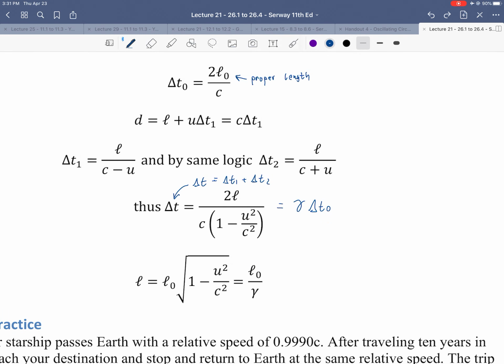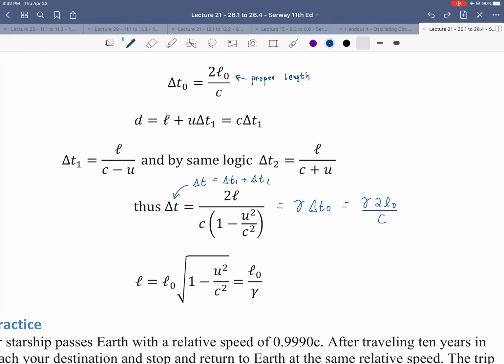But then to finally circle around and relate it back to length, what we want to do is take that delta t and put it into an expression for length, or just solve for the relationship between length and proper length. Because we've got that this has to be equal to gamma times 2 L naught over c.